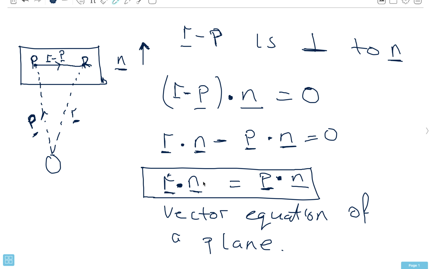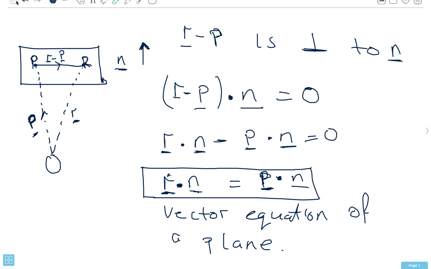N is the normal vector to the plane, the vector that's orthogonal to the plane. P is another point on the plane. So this vector here is the position vector of P, and N, we've just explained what N is. Now this equation only holds when P and R are both on the plane.